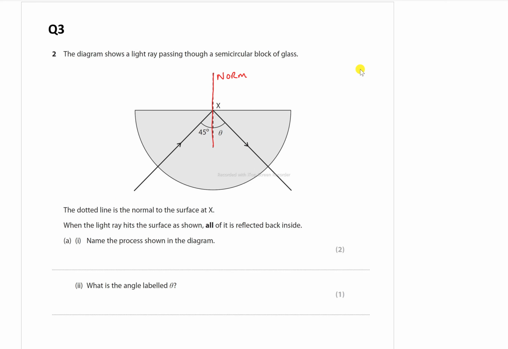That's called the normal, and it's at right angles to the boundary. The process shown in the diagram, because it's totally internally reflected, is total internal reflection, TIR.